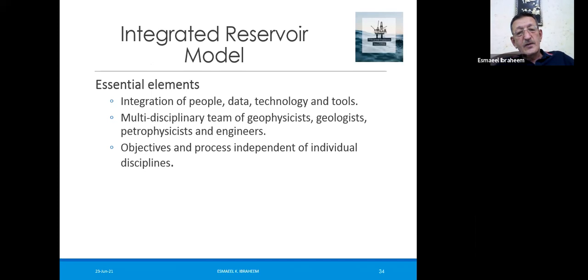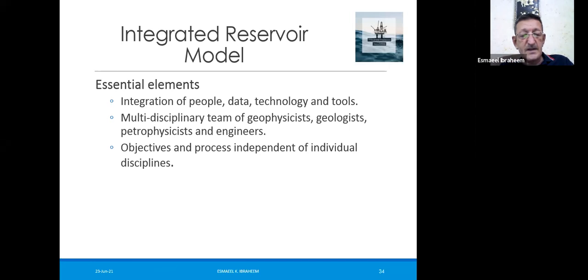Integrated reservoir model. An integrated reservoir model combines several models and several pieces of information. The essential elements of the integrated reservoir model are integration of people, data, technology, and tools, a multidisciplinary team of geophysicists, geologists, petrophysicists, and engineers, objectives, and the process independent of individual disciplines.